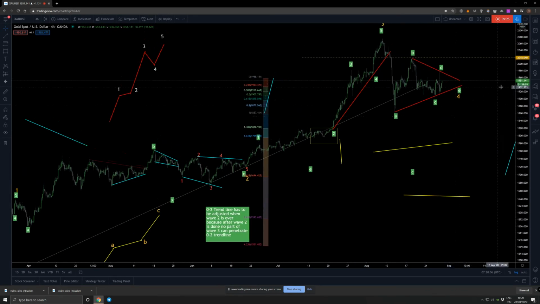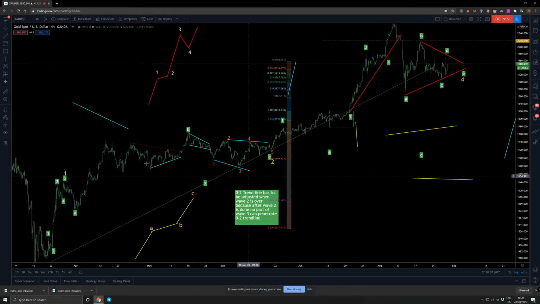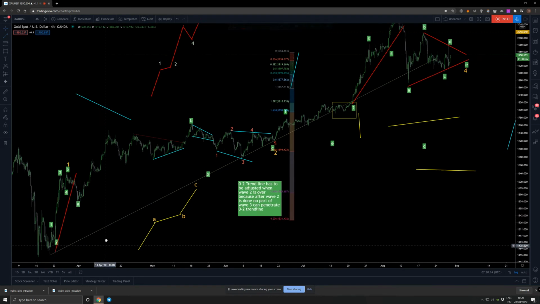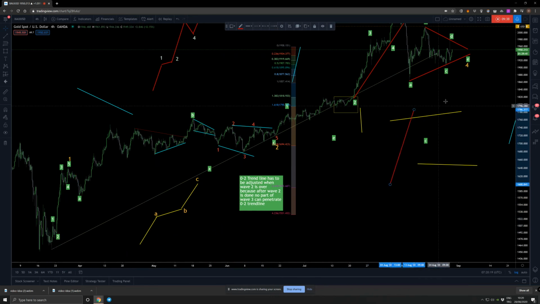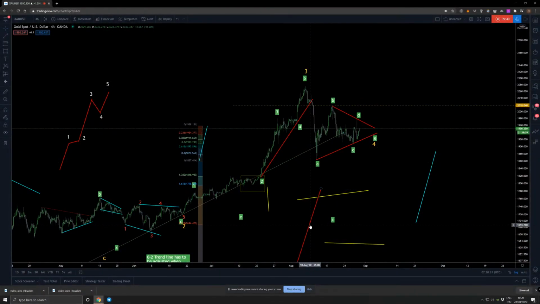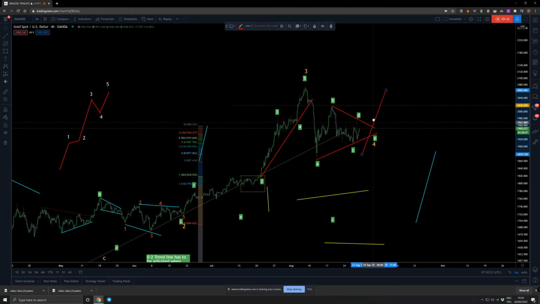And look, to be able to make this analysis, you have to go back all the way to the first wave. Why? Well, this is the length of the first wave. Okay, and I will take this length, and I will put it, let's say it finishes here. Now, why is it important?